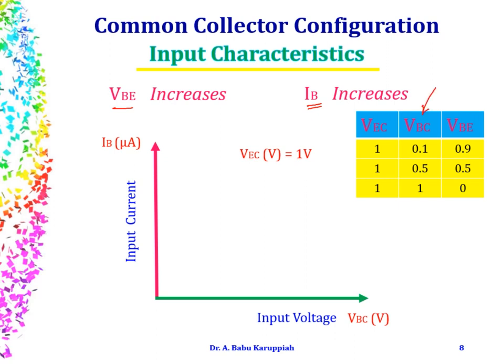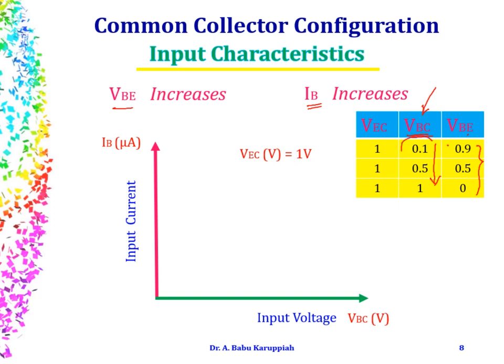By substituting the values of emitter collector voltage and base collector voltage into the equation, we have obtained the value of the base emitter voltage. You could notice that when base collector voltage increases, your base emitter voltage decreases. So when base emitter voltage decreases, your IB will also decrease. This is the relationship that we have, and we will plot it in this graph.